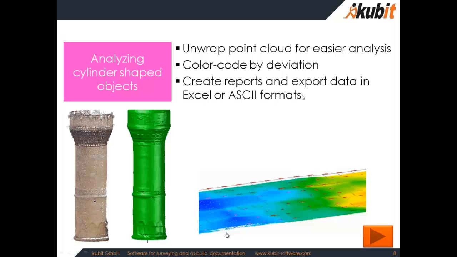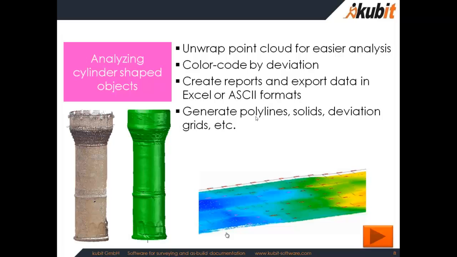This tool also provides functionality to create reports and to export data to Excel or ASCII formats, and you can generate those cross-section polylines similar to what I've demonstrated with the tower.